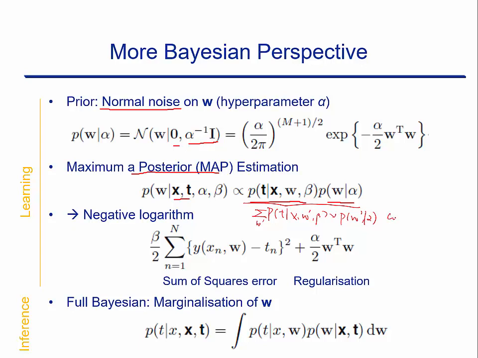But this denominator is a constant for all the possible values of W, so it does not have any effect on the optimization of the posterior. So usually we will not consider this denominator. In this equation, this symbol means the posterior probability is in proportion to the right-hand side, which is the likelihood of the target values times the prior probability of the parameter vector.